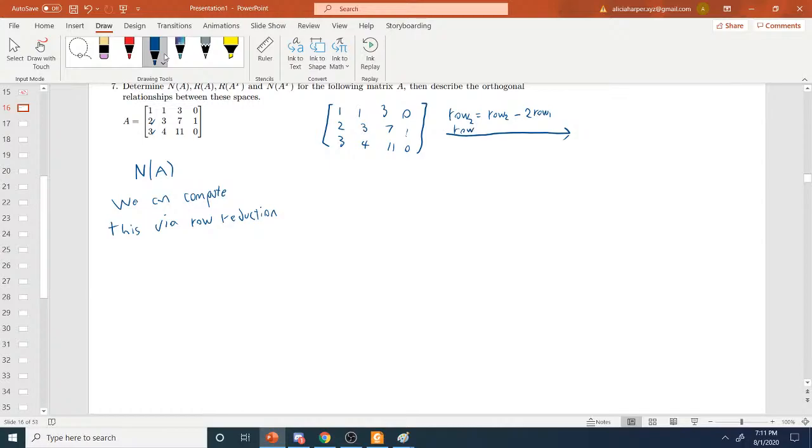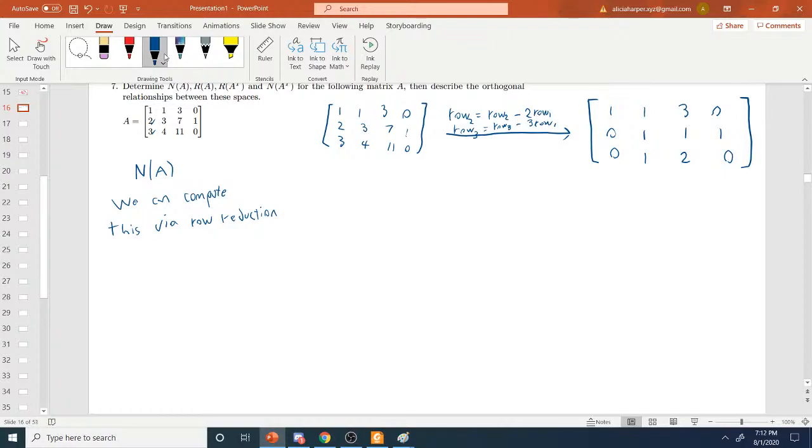And we set row 3 equal to row 3 minus 3 times row 1. And so let's see what we get. First row stays the same, so 1, 1, 3, 0. Second row becomes 0, 1, 1, 1. Third row becomes 0, 1, and then 2. And then this stays 0.